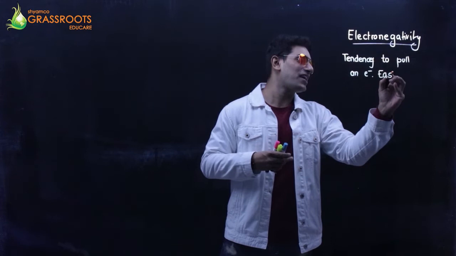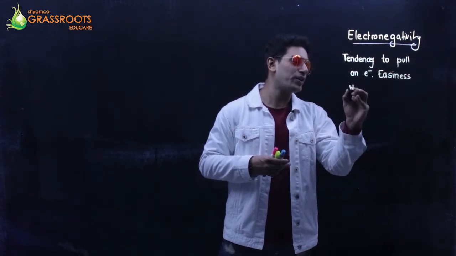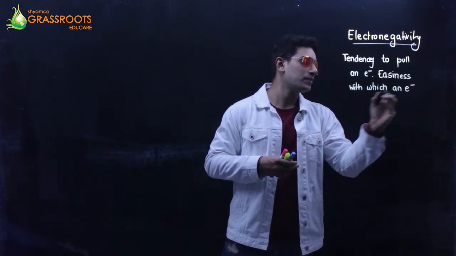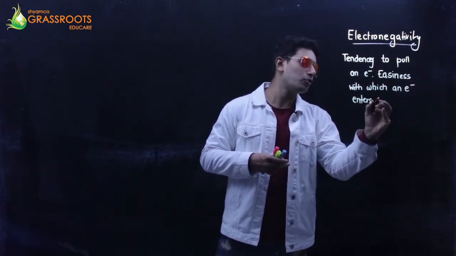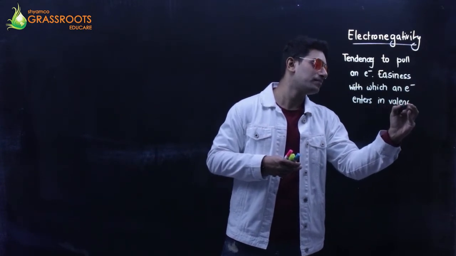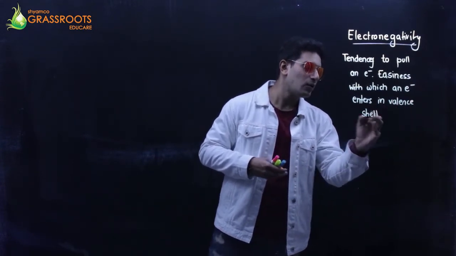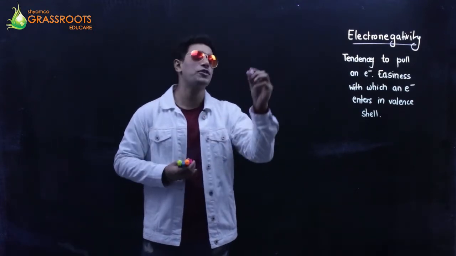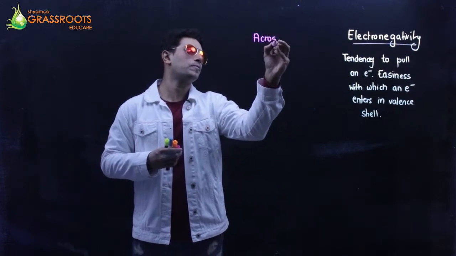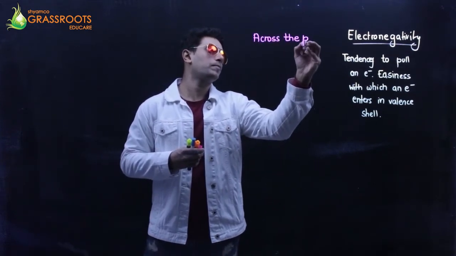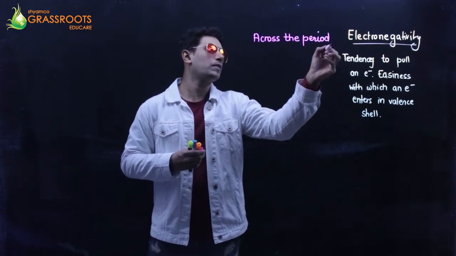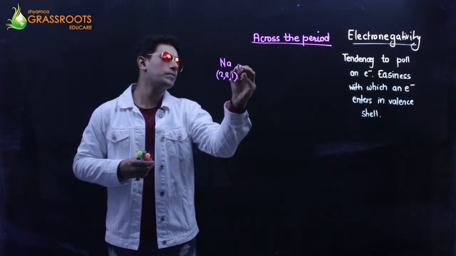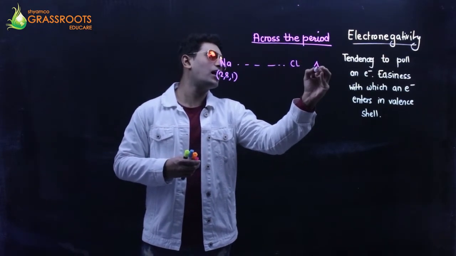It is the easiness with which an electron enters into the outermost shell, in the valence shell. Now it's very simple. If I talk about electronegativity and if I go across the period, again, sodium, 2 8 1, chlorine, argon.